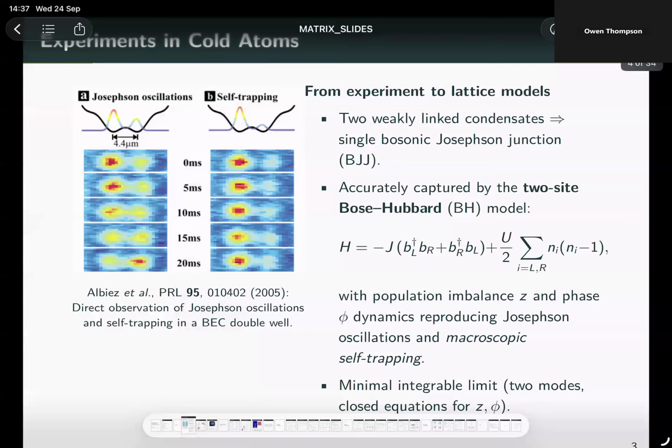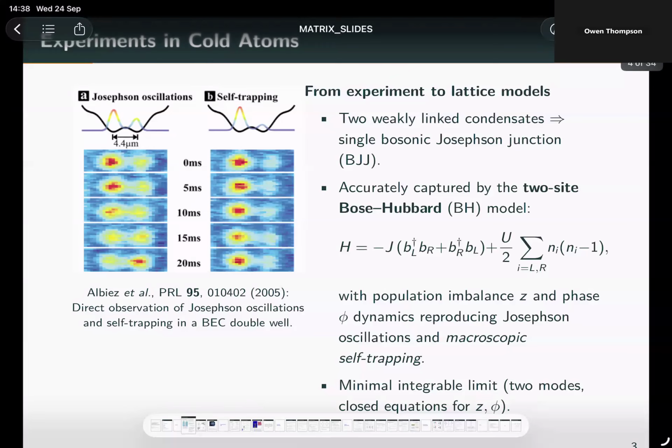Okay, so this experiment, even though we've got spatial modes, is still very well approximated by the two-site Bose-Hubbard Hamiltonian. You've got a creation operator and an annihilation operator on one side and the other side, so you've got tunneling back and forth from site to site and then some on-site interaction.